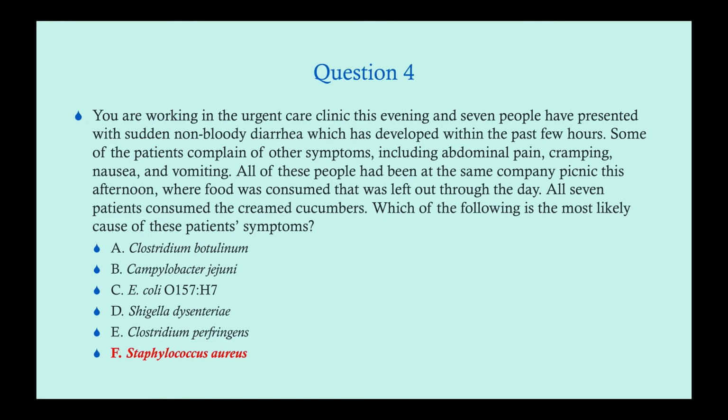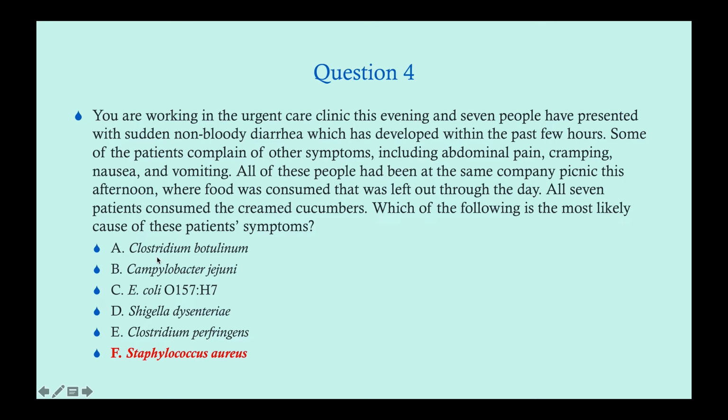So the answer here is Staph aureus, and what you can eliminate right off the bat is B, C, and D. Why can you eliminate Campylobacter, E. coli, and Shigella? Because these all cause bloody diarrhea. So immediately, B, C, and D are out. Now you're left with A, E, and F.